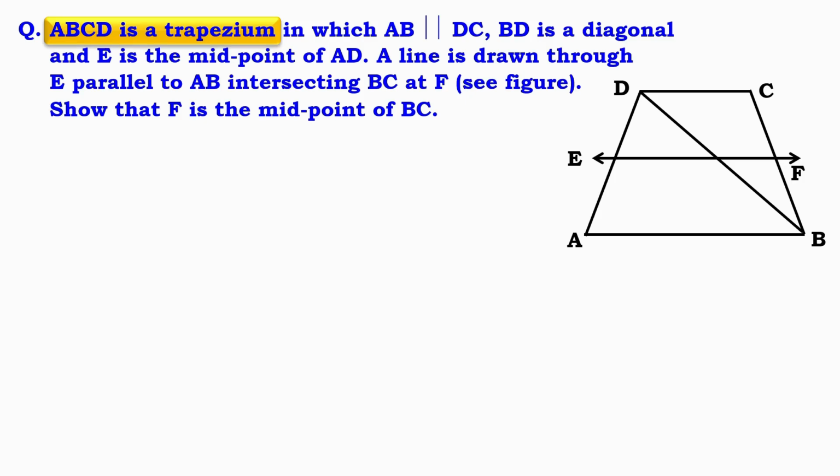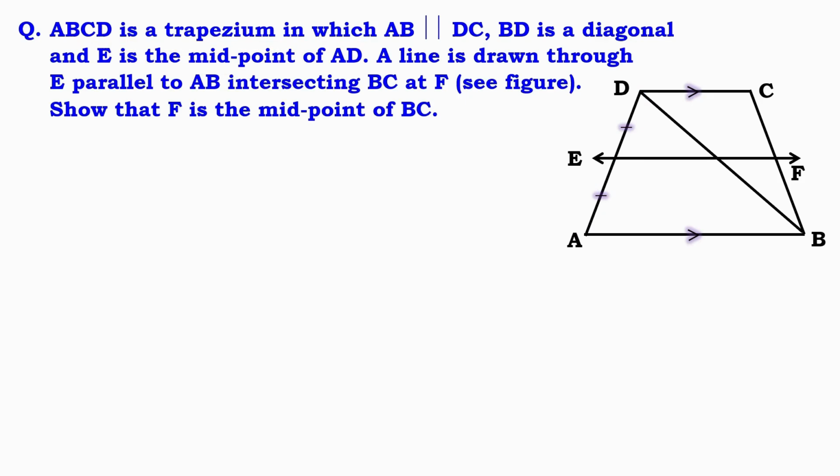Okay, what is given over here? ABCD is a trapezium. In this trapezium, AB is parallel to DC and BD is a diagonal. Okay, and E is the midpoint of AD. Okay, that means it equally divides AD. So AE is equal to ED.